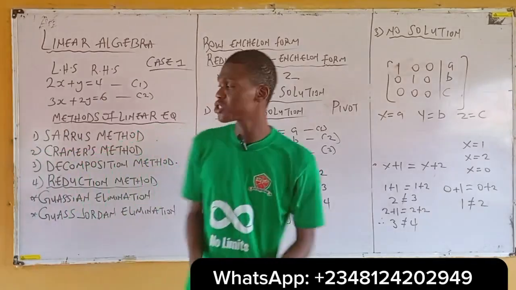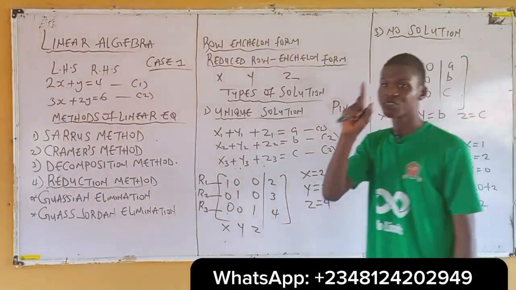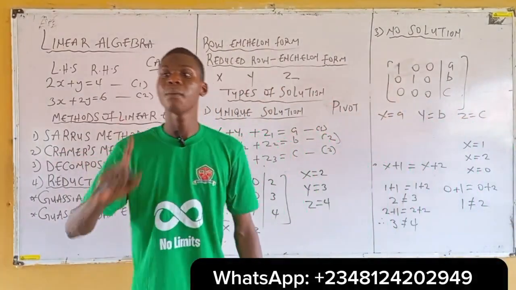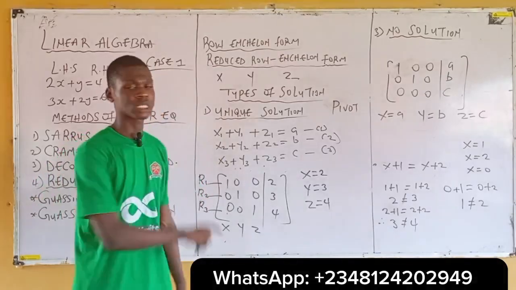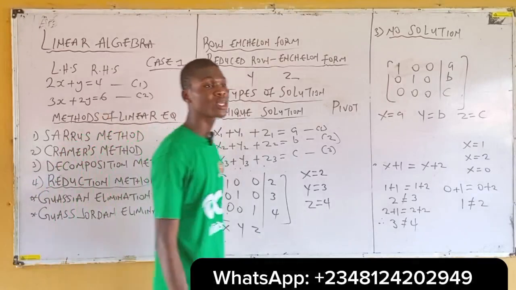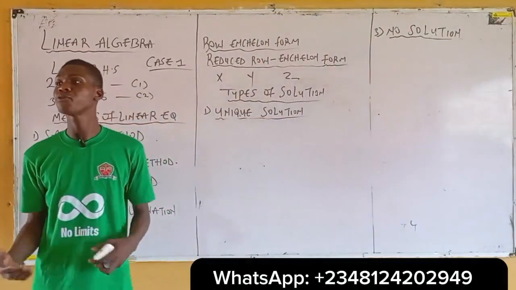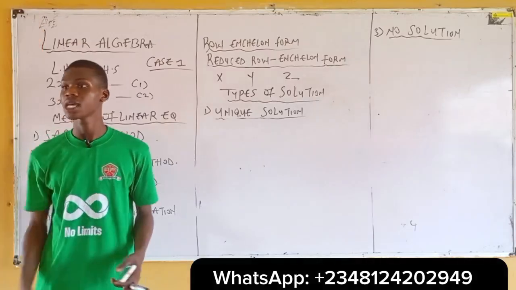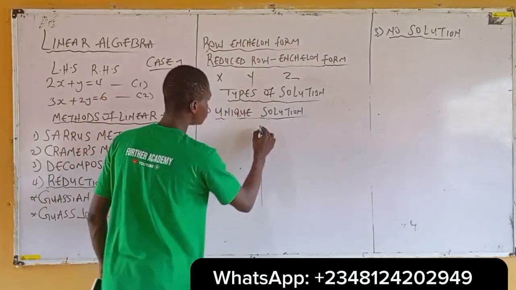Now, I also mentioned that we can represent this type of solution both graphically and in matrix form. So we've interpreted this type of solution using matrix form. Now let's see how we can interpret it using a graphical form. When I say graphical form, I mean your Cartesian coordinates, x and y axes. So let's say you're under your unique solution.